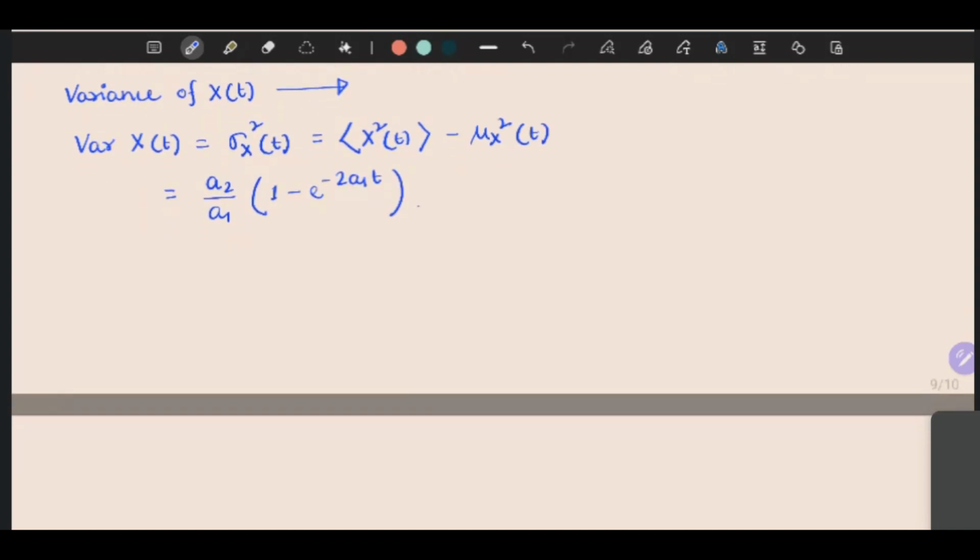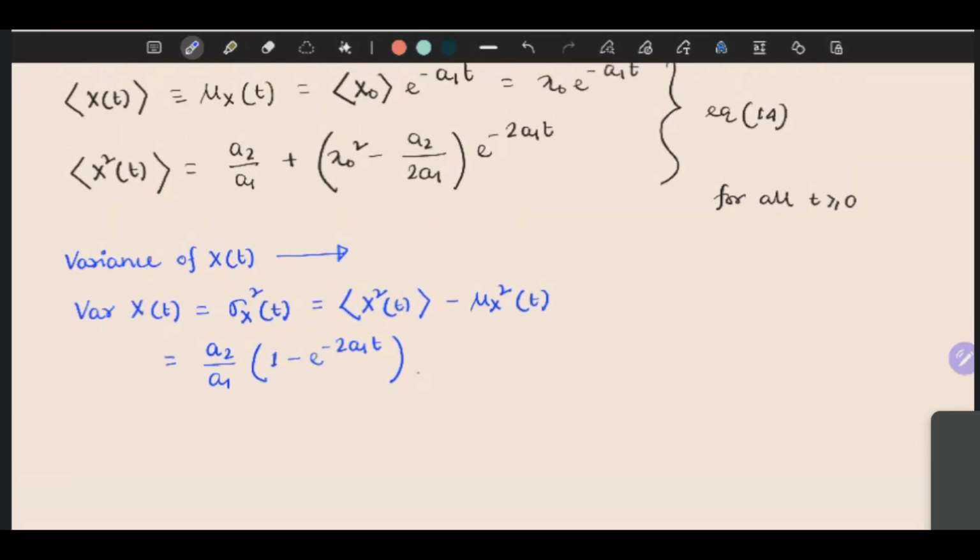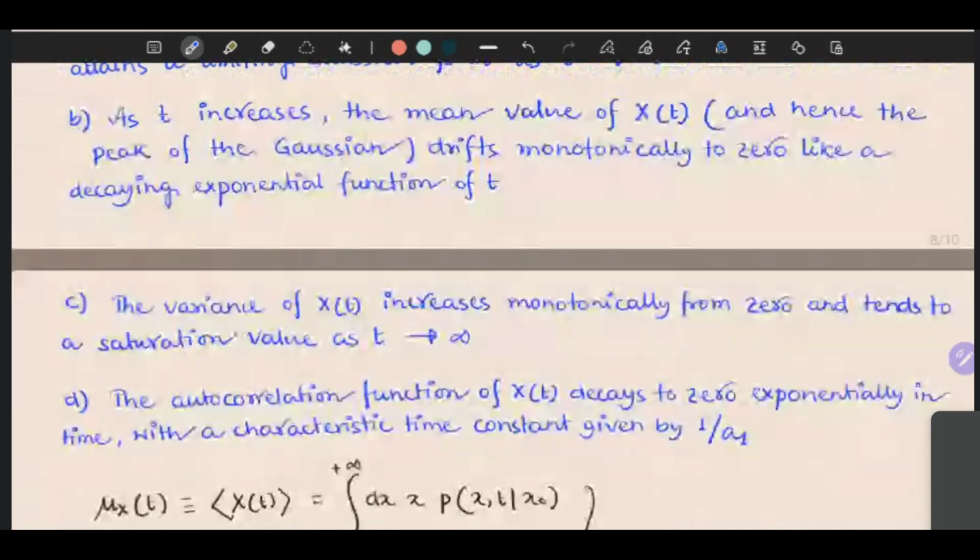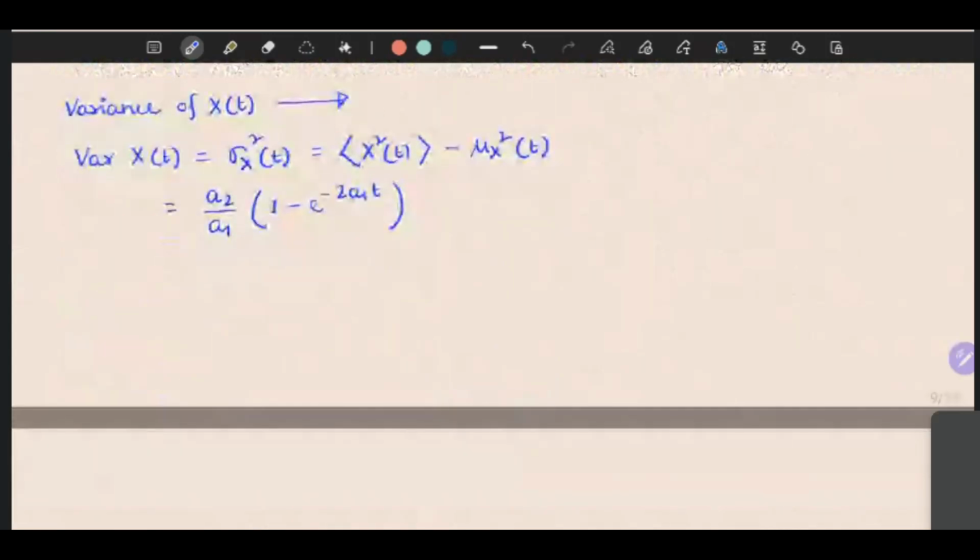That means, that's why at this point, the variance increases monotonically from 0 and tends to a saturation value as t goes to infinity. Okay, because at t is equal to 0 this is 1, so 1 minus 1 equals 0.